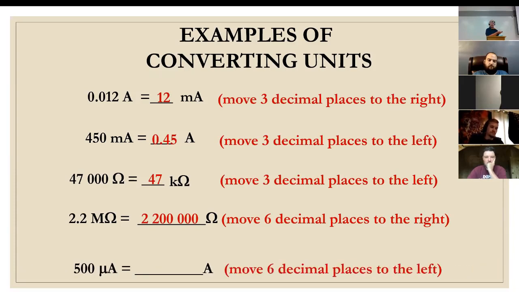Micro is 1/millionth of a base unit. So again, make sure that you've got a handle on those things.